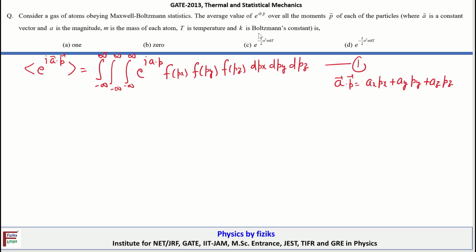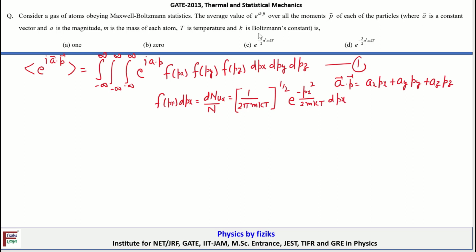Now f of px dpx is equal to the fraction of particles in the velocity range vx to vx plus dvx. It's a fraction of particles, basically, not the number of particles, and this is equal to 1 upon 2 pi m kt, where k is the Boltzmann constant, to the power 1 by 2, exponential minus px square upon 2m kt, dpx.